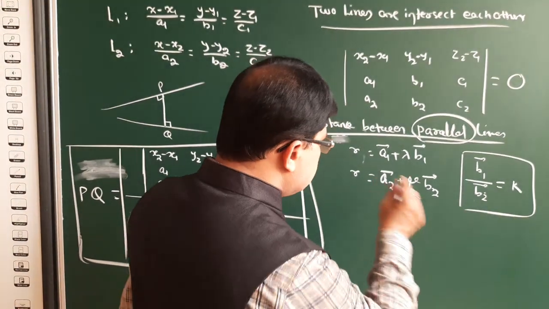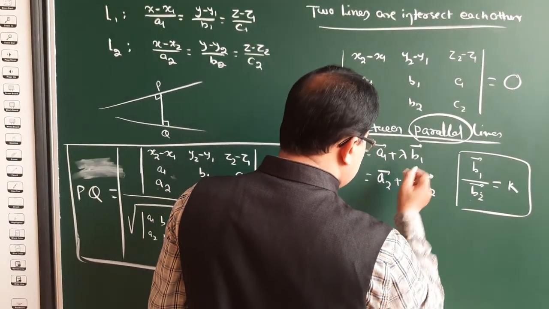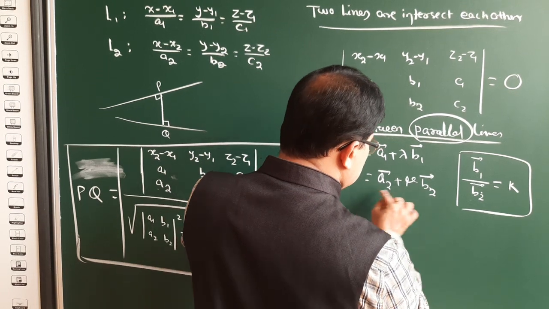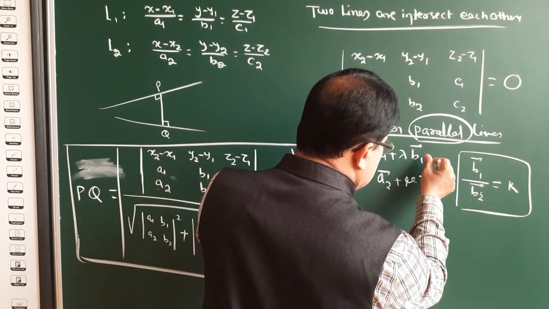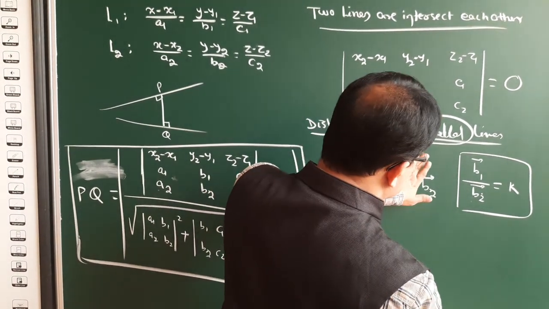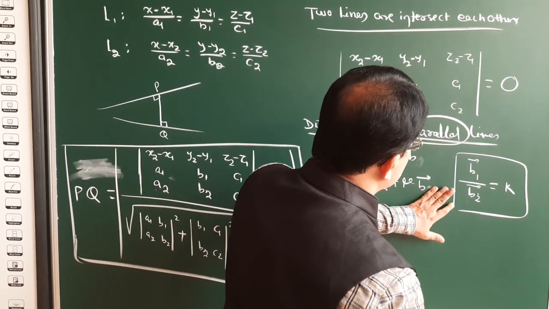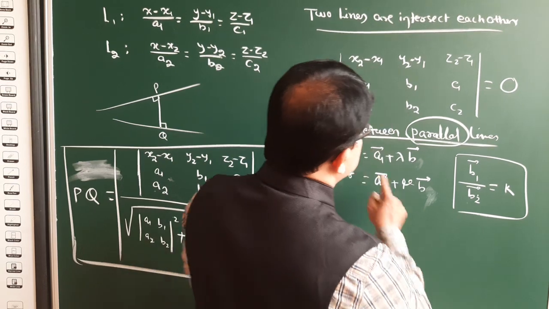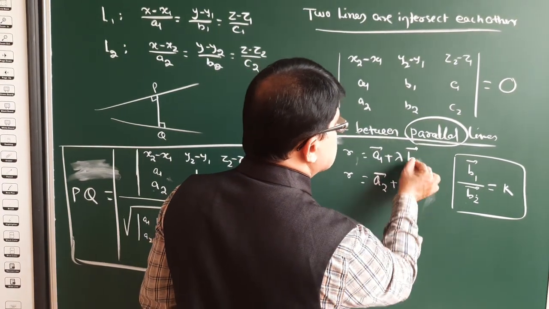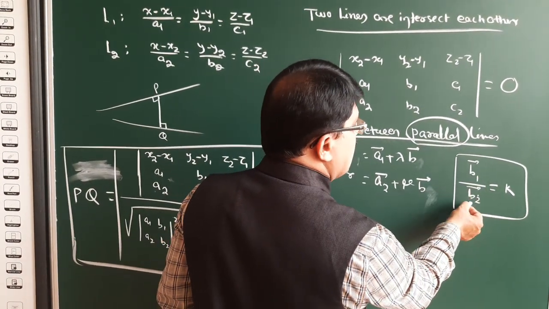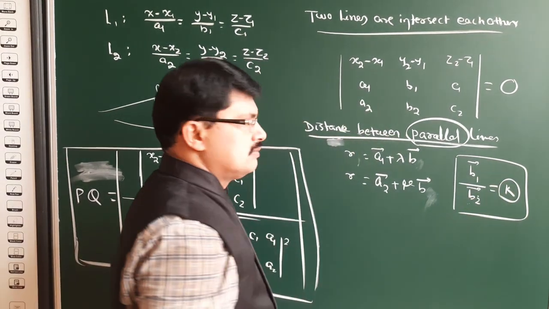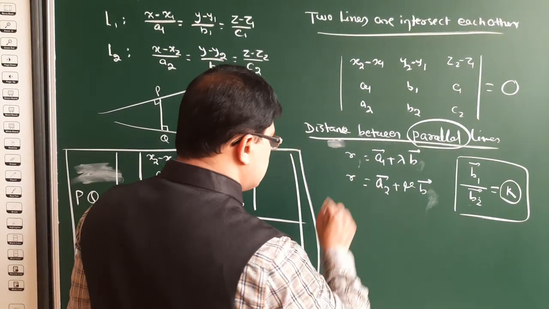Understood my point? So in this case, you may write r vector is equal to mu into b vector. These two lines are parallel, means these two vectors are equal, or one vector divided by another vector is equal to a constant. Understood? So in this case, what is our distance?